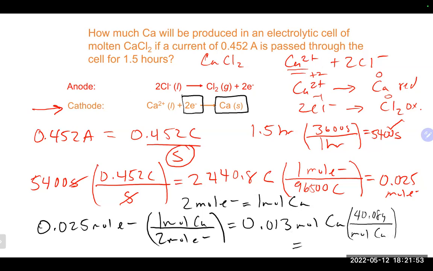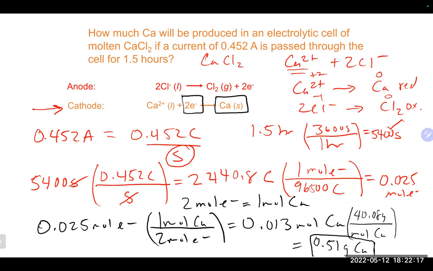So if I multiply by 40.08, that gives me about 0.51 grams of calcium. About 0.5 gram of calcium would be produced in the cell if you let it run at that amperage for about 1.5 hours. Question on any of those steps there?